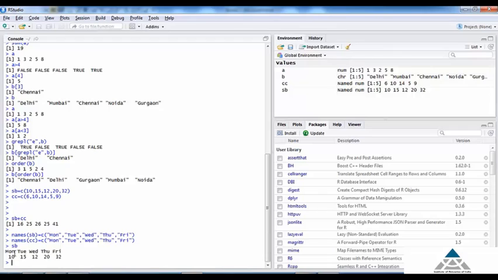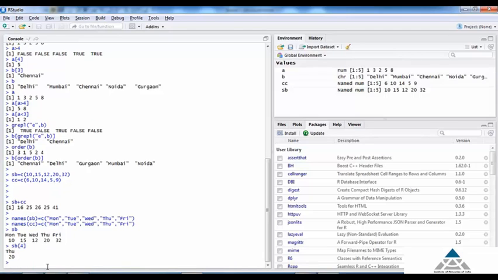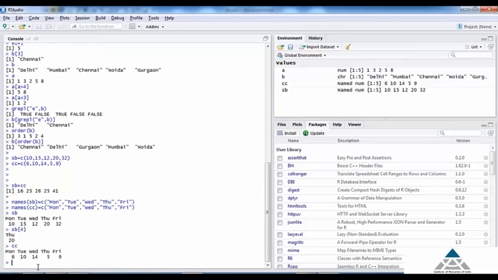This shows us that 10 accounts were opened on Monday, 15 on Tuesday and so on. Basically, now all the elements are coming up with the names or headers assigned to each one of them. Now if we want to see the fourth element in SB, we get the output as 20 with Thursday on top. We can see the same thing for CC.